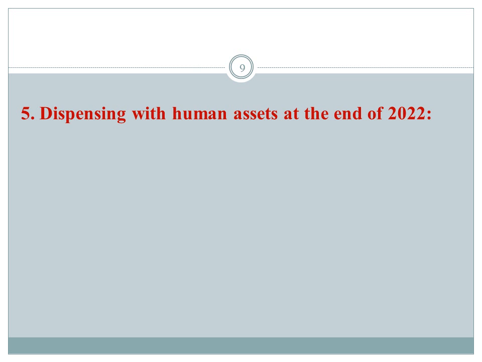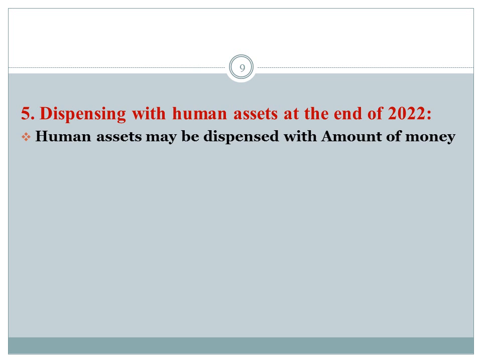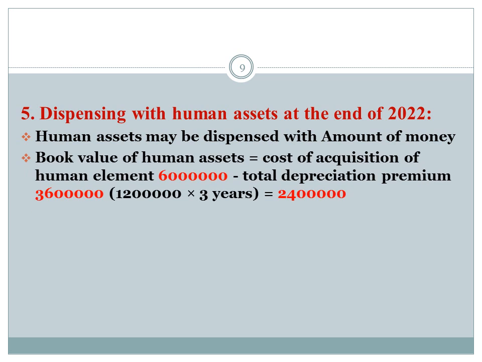Dispensing with human assets at the end of 2022. Human assets may be dispensed with for an amount of money. First, book value of human assets equals cost of acquisition 6 million minus total depreciation premium. Depreciation premium for the year 1,200,000, multiplied by 3 years because we maintained the human assets for 3 years.